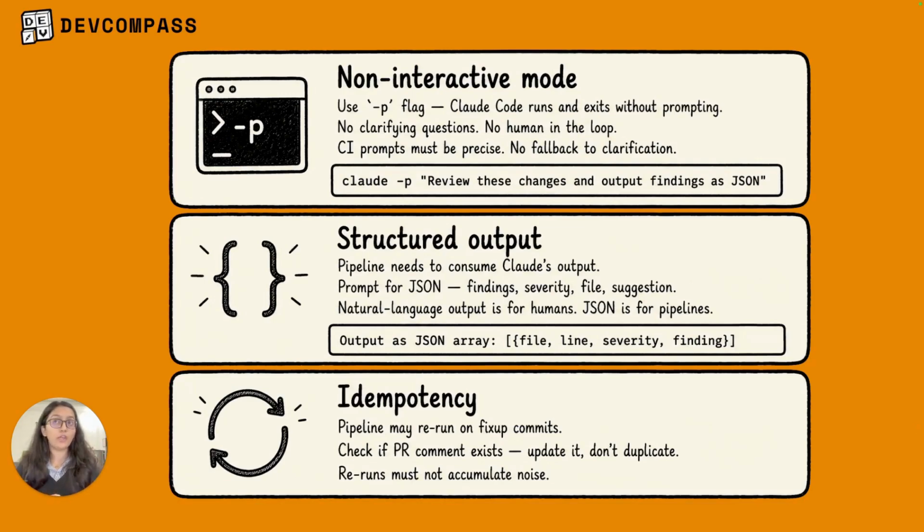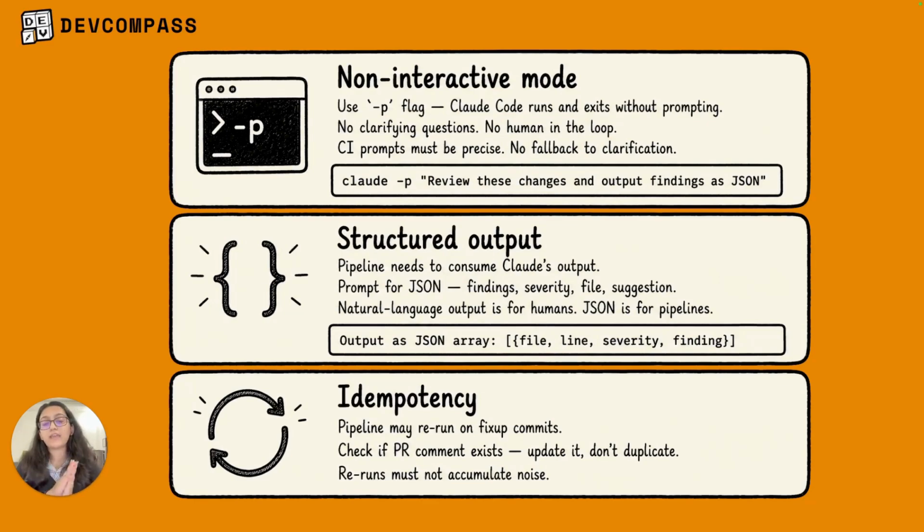First is the non-interactive mode. In a terminal session, Claude Code can ask clarifying questions, but in a continuous integration CI pipeline, there's nobody to answer. You invoke Claude Code with a -p flag, which is print mode. It is non-interactive. Claude Code runs the task and outputs a result without prompting for input.